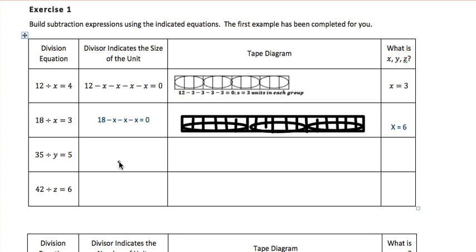In the next 2 problems, we're following the same concept. If we start with 35, and we have to subtract something 5 times, as long as we know our multiplication facts, we know that 7 subtracted 5 times will give us 0.